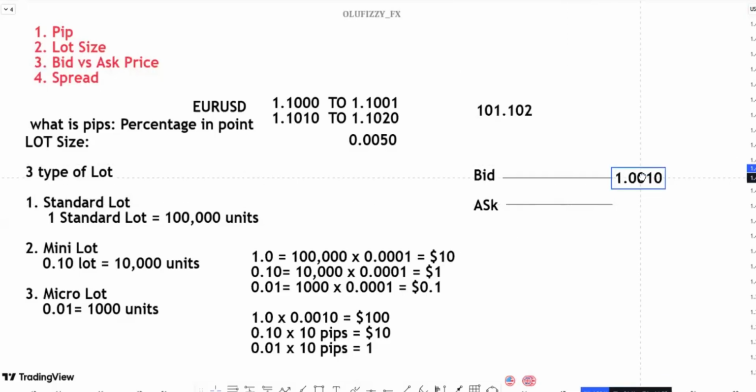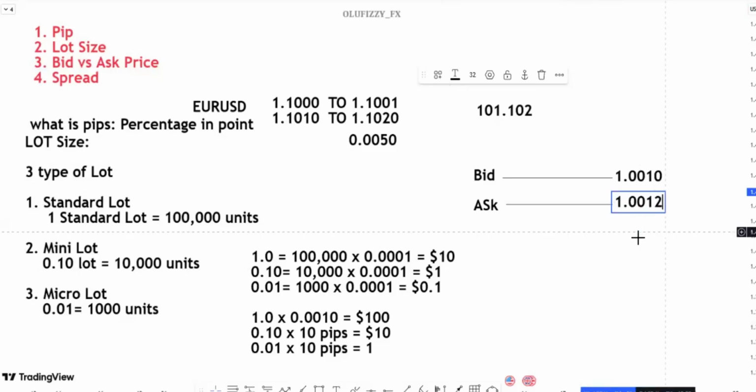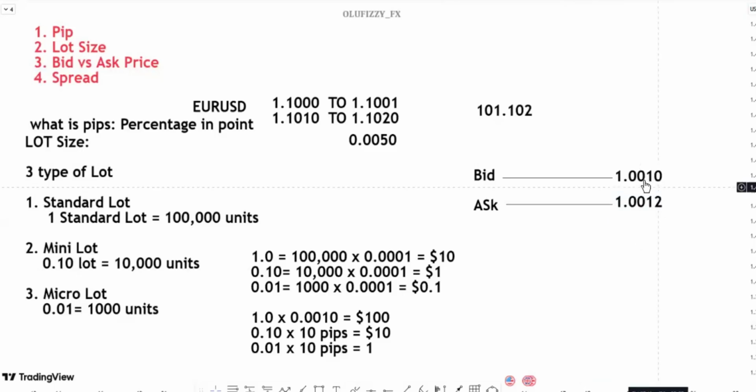Let's just use that as an example. And for this second number, you can have 1.00012. So you know that the difference between these two numbers now is 2 pips.